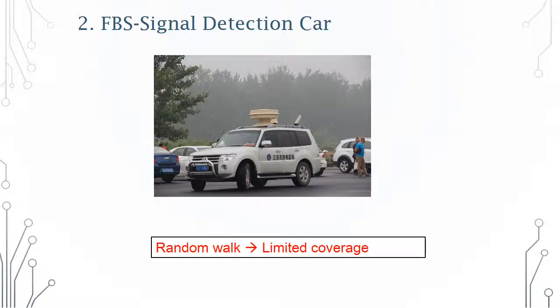Another interesting methodology is to retrofit patrol cars with FBS sensing sensors, and they can patrol around important geographical locations. However, this random walk approach is not very effective because the fake base station operators can sense the approaching patrol car and turn off, and also this cannot be scaled for large geographical locations.